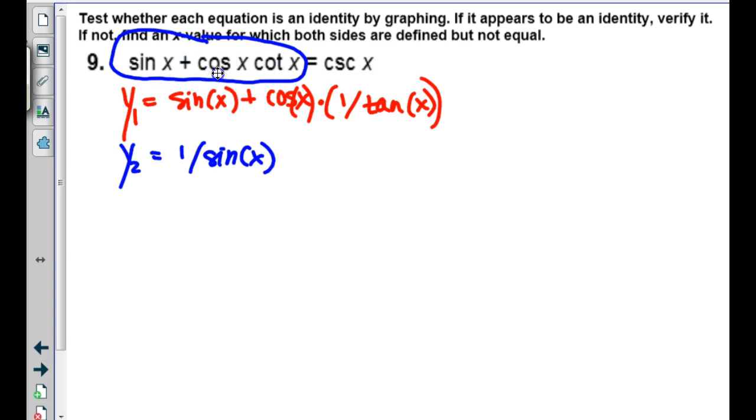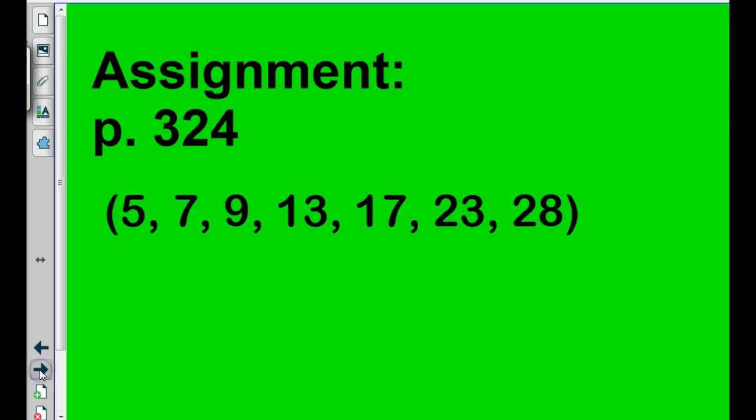So I typed sine of x plus cosine of x times 1 over tangent of x. And then in y2, to get this side, I did 1 over sine of x. And then the question is, are they exactly the same graph or not? If they are, then it's an identity. If they're not, if they have any places where they're not overlapping, then it's not an identity. But I didn't assign any like that.